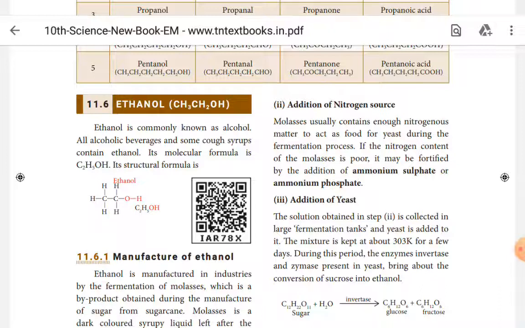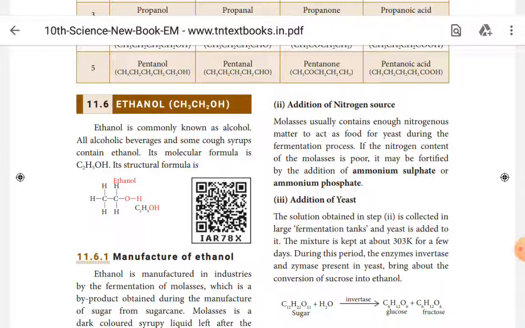Then addition of yeast. Already you know what is called yeast. It is a single-celled microorganism which contains enzymes like invertase, maltase, and zymase. So the solution obtained in step 2 is collected in a large tank, called a fermentation tank, and now the yeast is added.